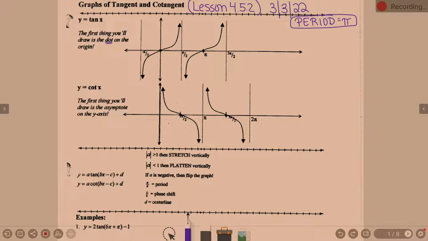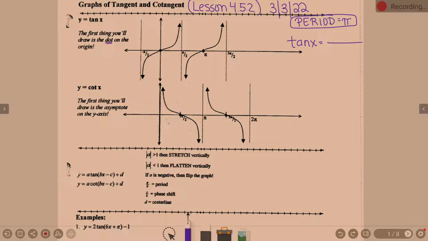Now, one connection. I know most of us will just memorize that tangent starts on a point, but here is a connection I can make for you. How does tangent relate to sine and cosine? Do you remember this? Y over x.